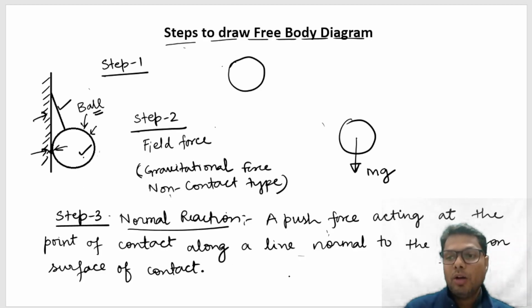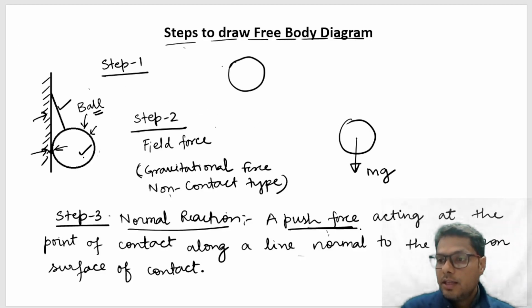So what will the ball experience? It will experience a push force, mind it, a push force. Now a push force may be like this, or like this. There may be a number of cases.